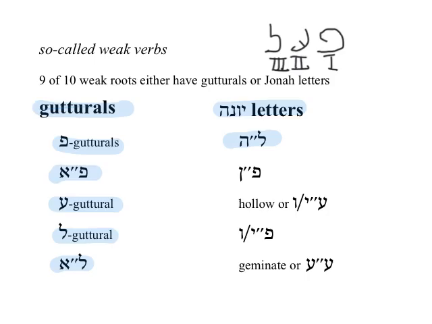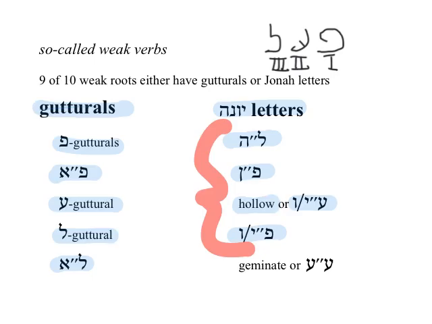So there's the Lamed He, when the He appears in the third position, Pe Nun, when the first root letter is Nun, and what's called either Ayin Yod Vav, or more commonly, hollow, because the middle root letter is Yod or Vav, and so it seems that the root is hollow, and Pe, Yod, Vav. All of these are words which have Jonah letters in them.